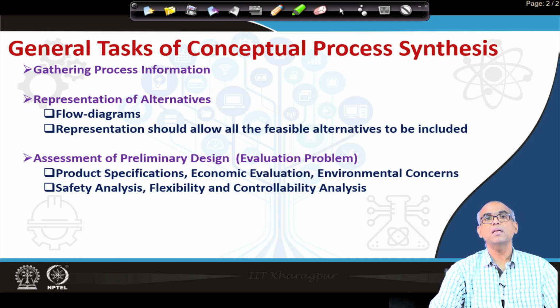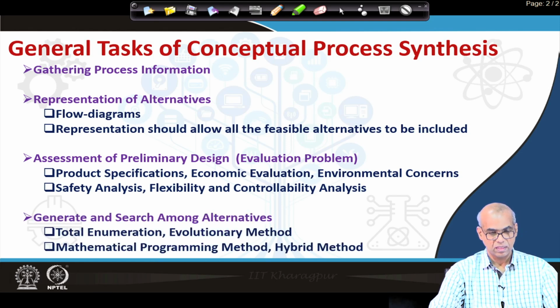The controllability analysis refers to whether the process is easily controllable or not. Flexibility refers to whether your process is flexible enough to accommodate any changes in the process.